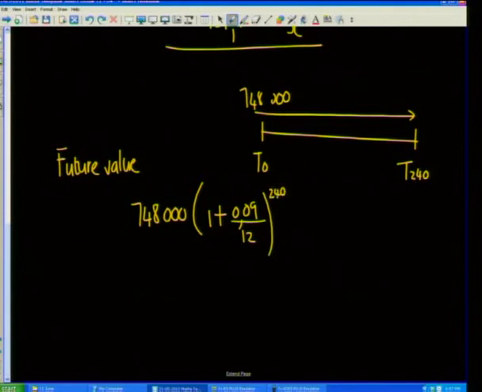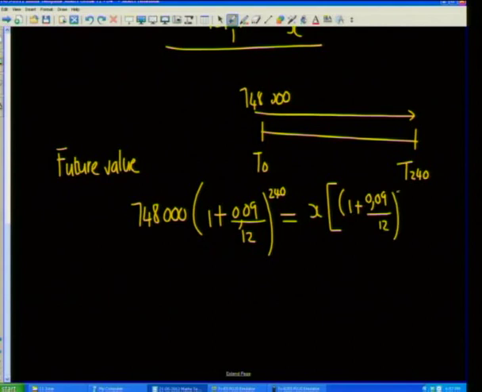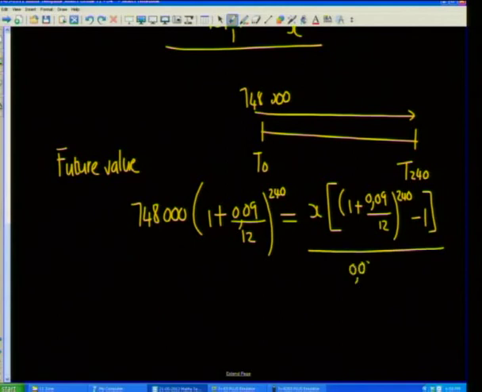That would be the value of the 748,000. But Lerato is paying that off at X amount per month, so she is going to have 1 plus 0,09 over 12. She's going to make 240 payments, and her interest is 0,09 over 12.